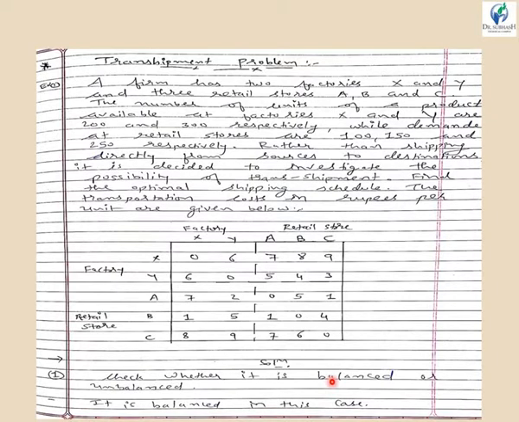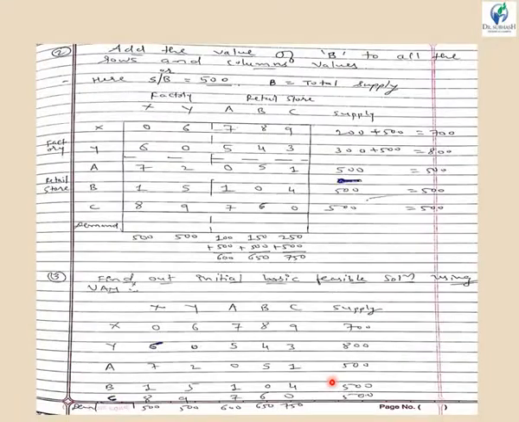So let us move towards the second step. Now add the value of B to all the rows and column values. B or S, you can use any nomenclature, any notation. B or S stands for total available supply. So again I have drawn the table which was given in the data, and I have put down the values that were given to us.